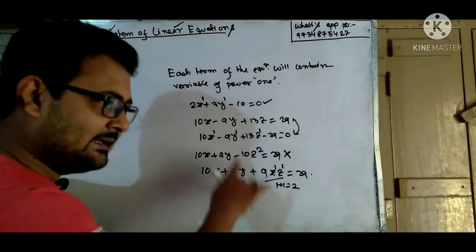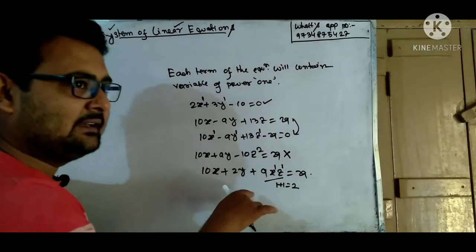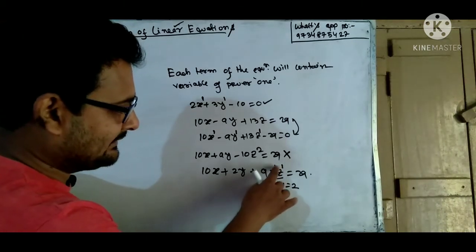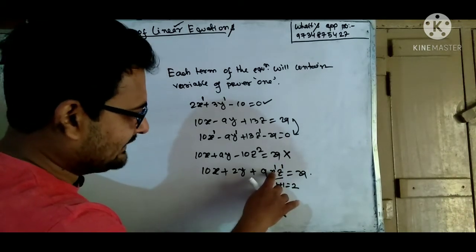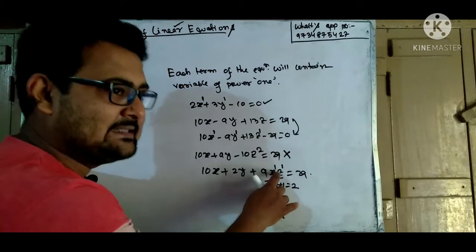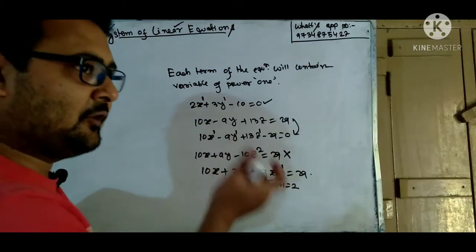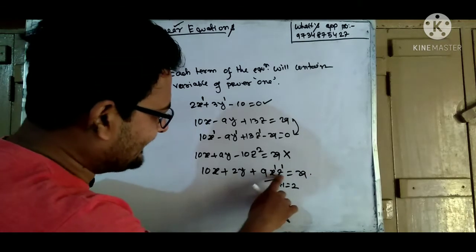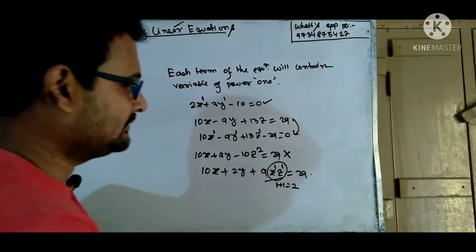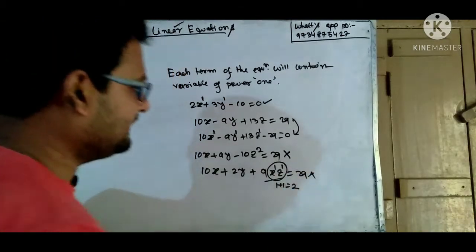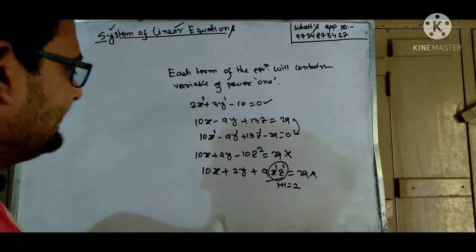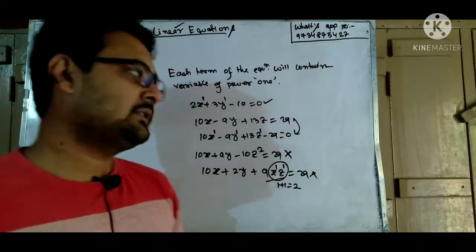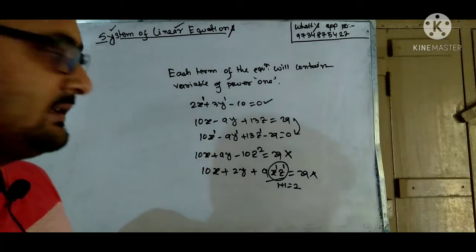Clear? x occurs linearly, z occurs linearly, but their combination, that means xz, means x and z combined, its power becomes 2. Clear? So xz is not in linear form. Therefore, this is also not a linear equation. So, in general, if x, y, z occur linearly in each term, then the equation becomes a linear equation. Clear?